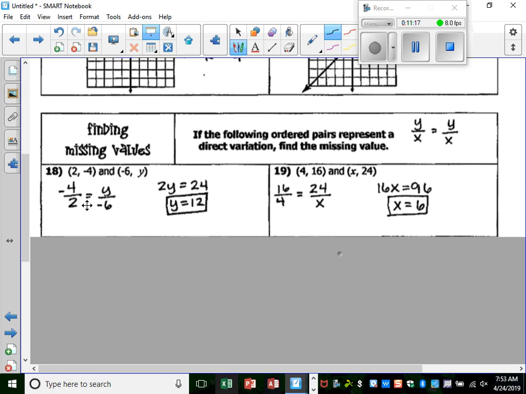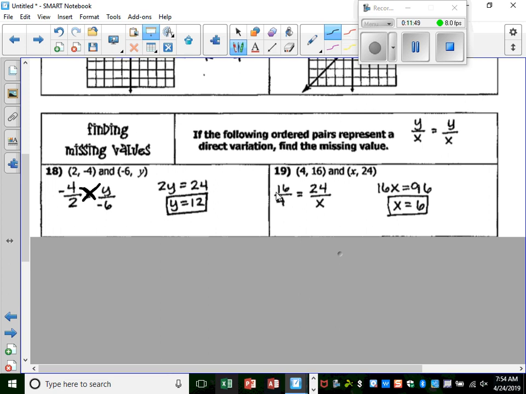Equals. So you're setting it up like a proportion. Y value, I don't know, so I use the actual y over x. Okay, when you cross multiply, 2 times y is 2y. -6 times -4 is 24. Divide by 2, you get y equals 12. It's very easy to set it up. You're setting it up by cross multiplying like a proportion.